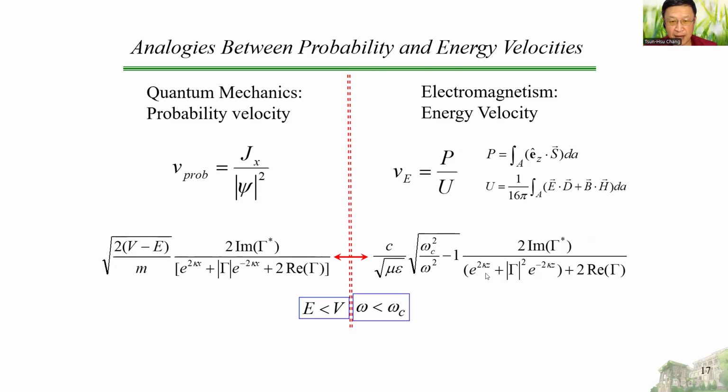This part, the same. They just differ in the leading terms, but the behavior looks similar. So when omega is less than the cutoff, just similar to quantum mechanics, energy is less than the potential height.